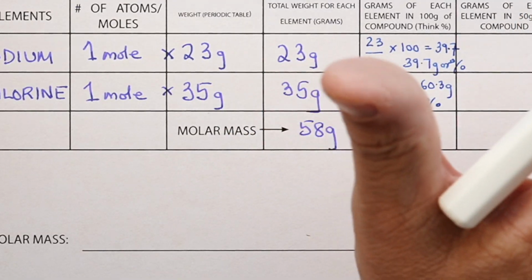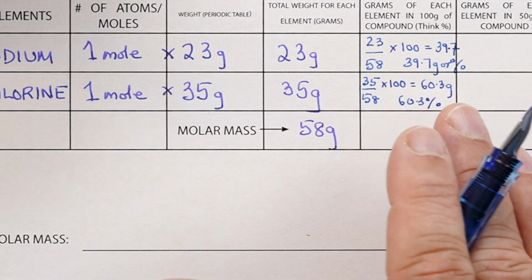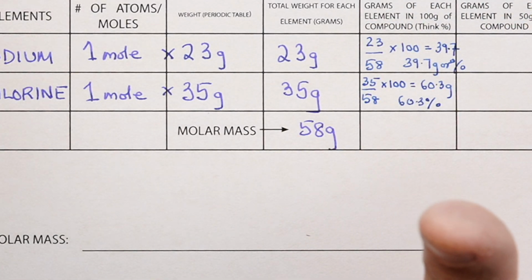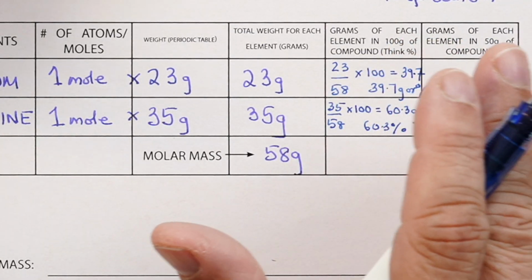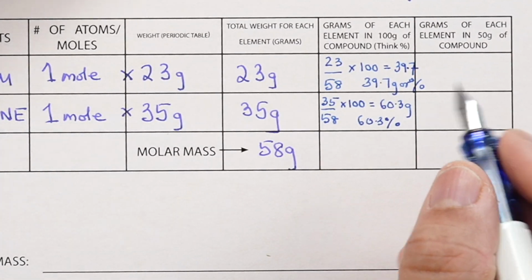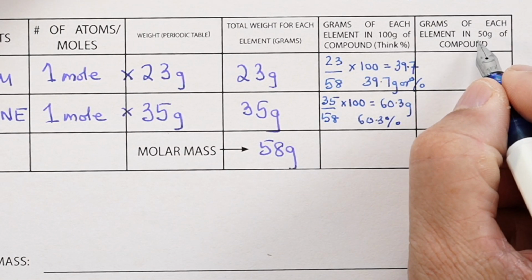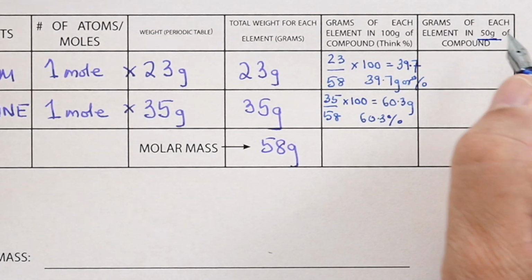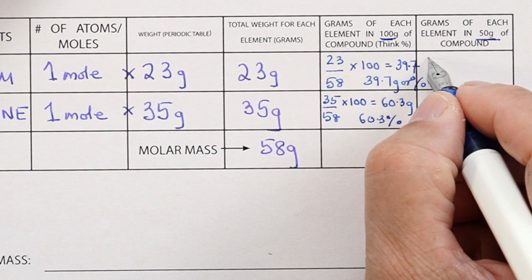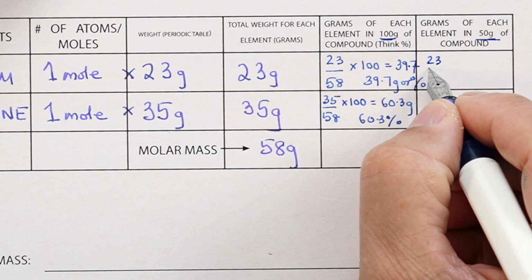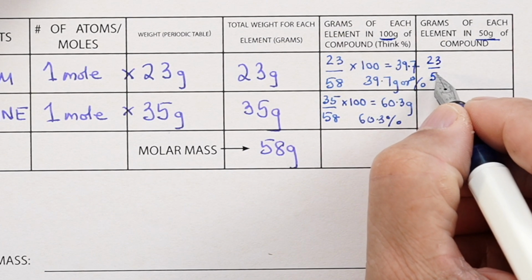Now, if I asked you the exact same question, but I said instead of 58 grams, in 50 grams, how much sodium do you have? So you're going to set this up in a very similar way, and I want to make sure you see this as well. So the question here is in 50 grams. So previously it was in 100 grams. Now we're solving for 50 grams, so we're going to set this up in a very similar way. 23 divided by 58.